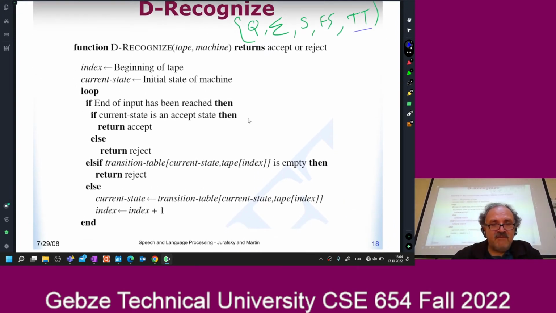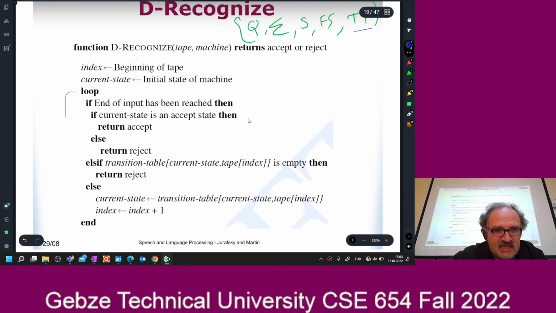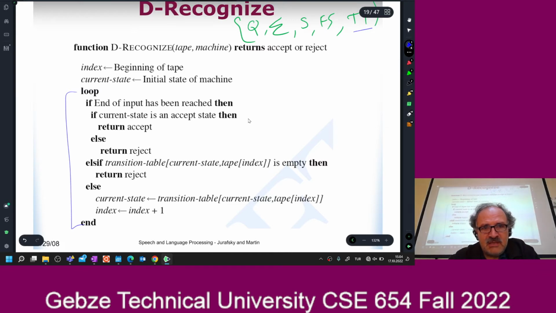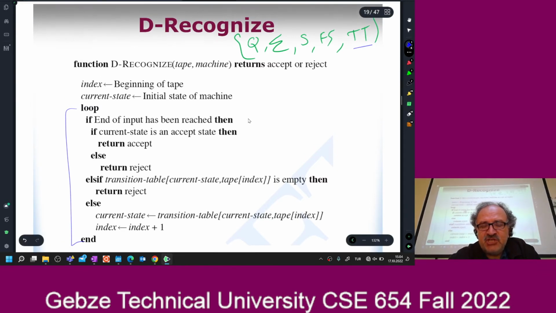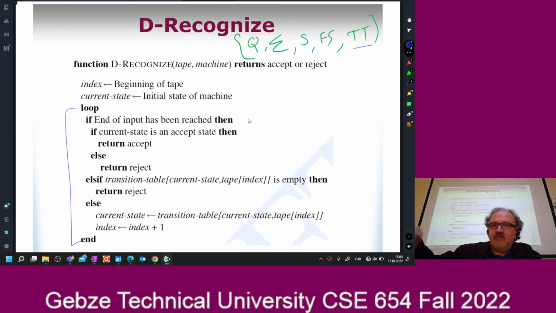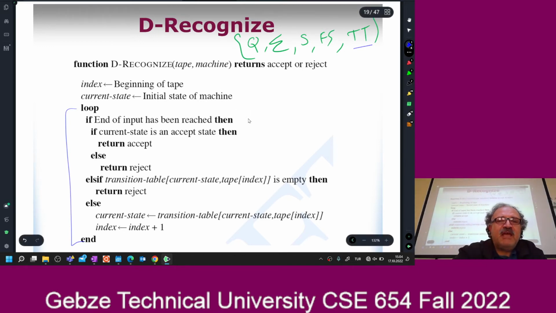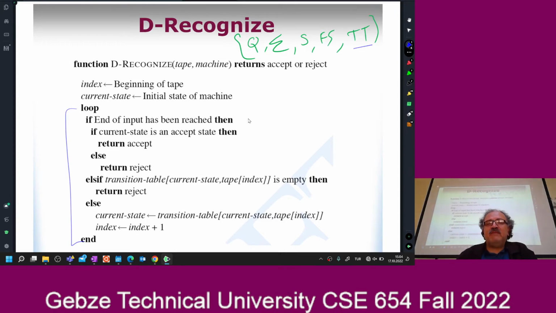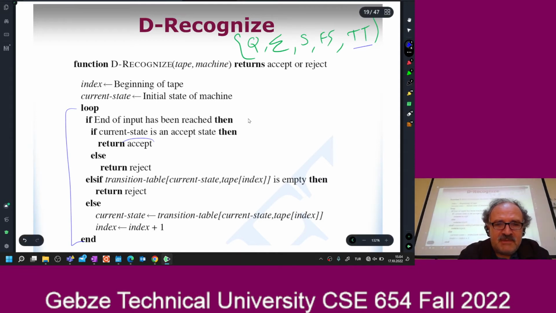If we look at D-Recognize, there is a loop here. This loop checks whether the end of input has been reached, reading the tape one by one. Did I come to the end of the tape? If I am at the end of the tape and the current state I am in is an accept state, then I return accept.